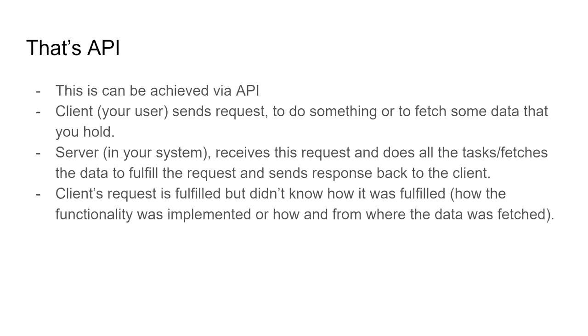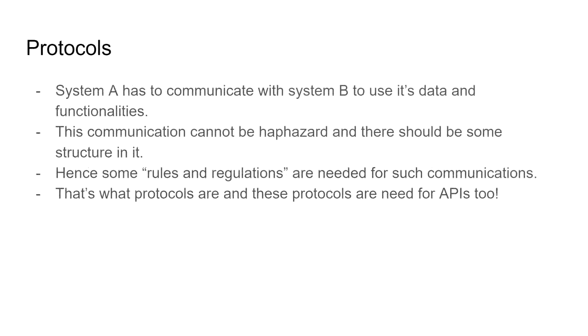Behind the scenes, you don't know how the dish is cooked. Once it is cooked, the waiter will bring that dish back for you. So I hope this analogy helps you understand what an API is, and the examples we took, like the train reservation system or payment system, also helped you understand what an API is, right?